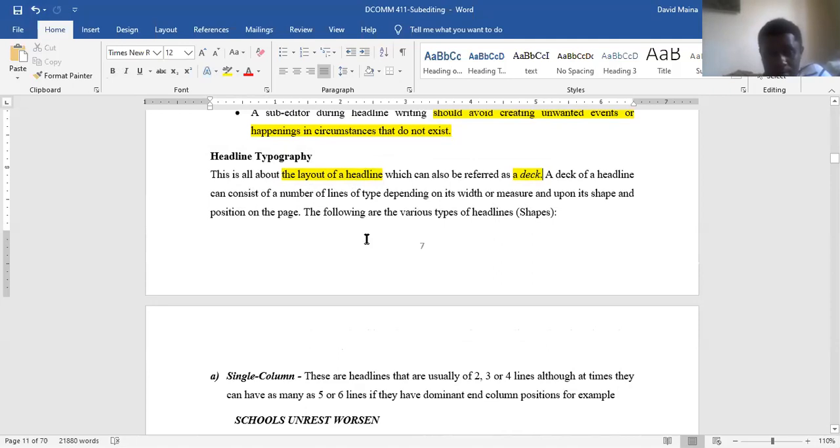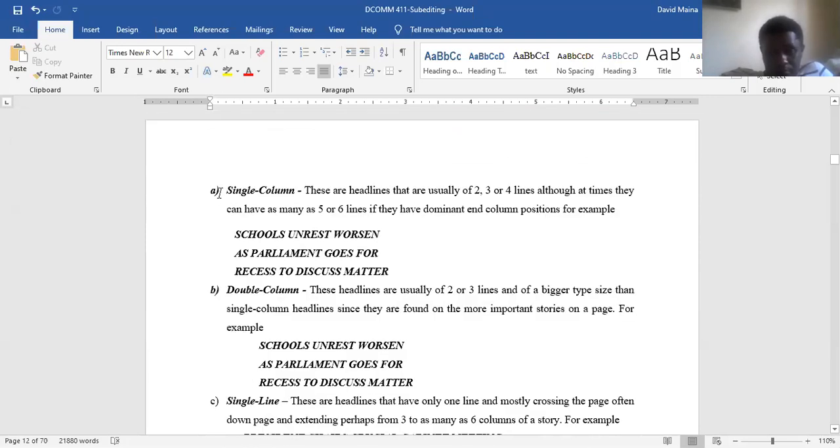And it can have various what we call lines depending on its width or measure and upon its shape and position on the page. The following are the various types of headline shapes. We have single column. Single column headlines are usually 2 to 3 or 4 lines, but they can have as many as 5 or 6.